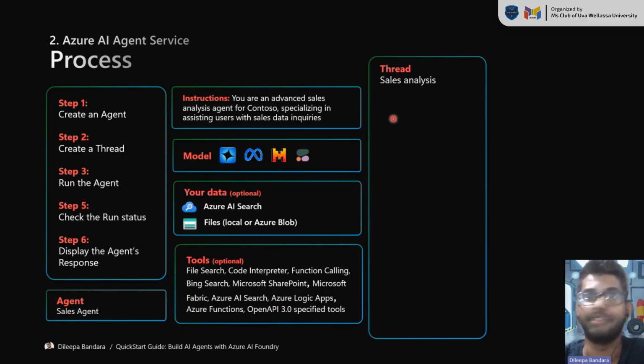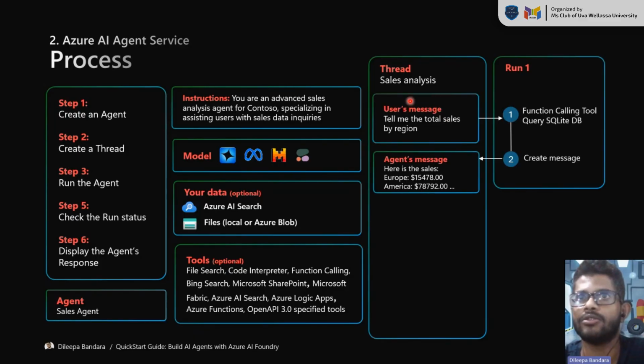Okay, this is the thread, right? We have created a sales analysis thread. Inside this thread, we should definitely include a user message. It's a mandatory one. Then we can trigger the run as the first step. In this case, it's going to be a function calling tool to SQLite DB, right?